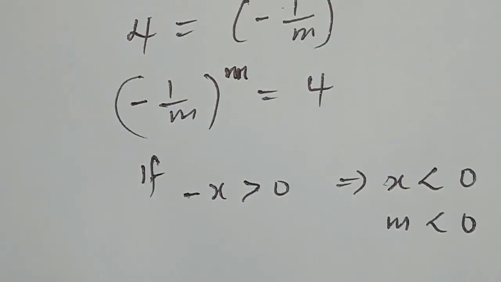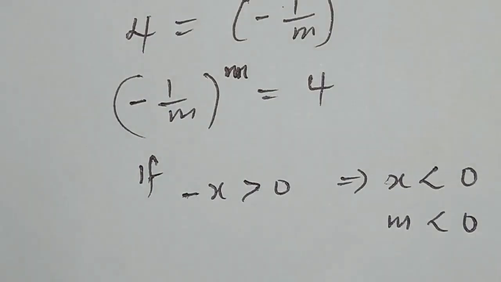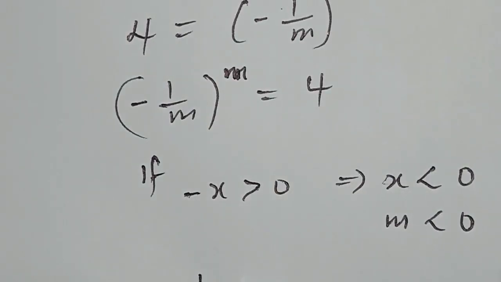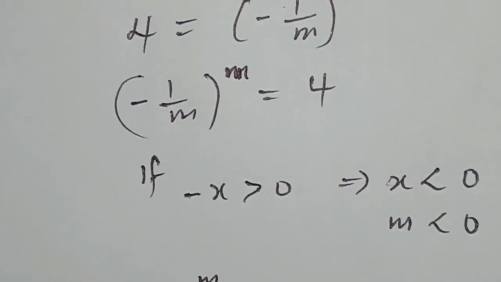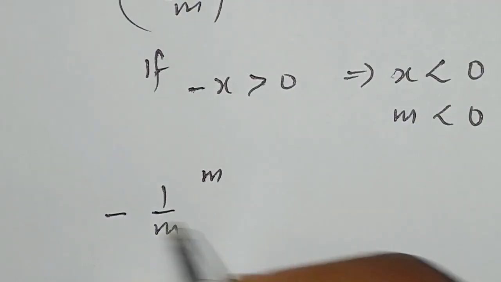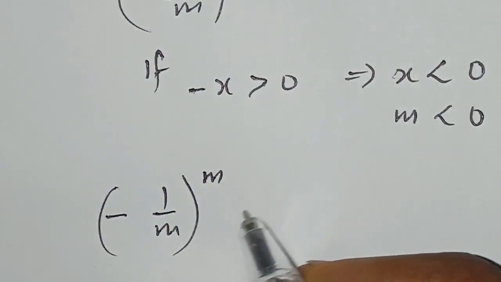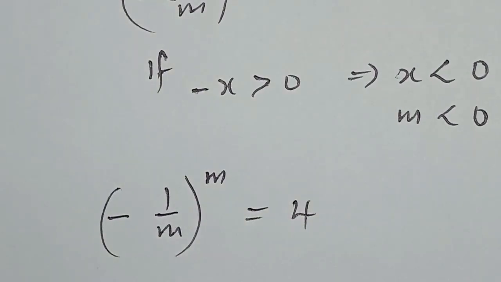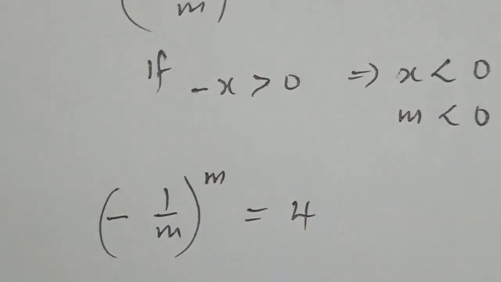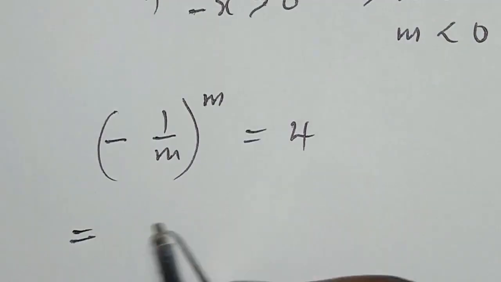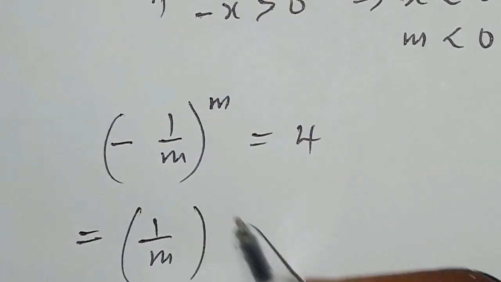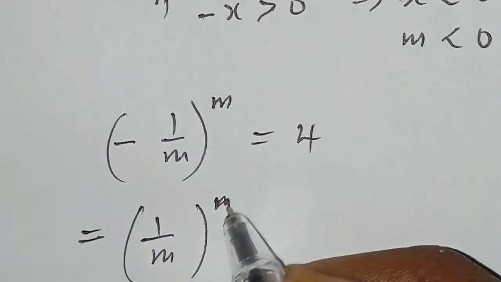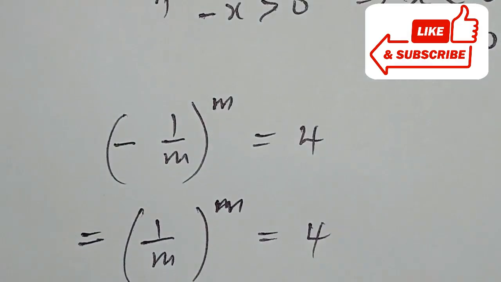So from our minus 1 over m to the power of m, which is equal to 4, can now be equal to 1 over m into bracket to the power of m equal to 4.